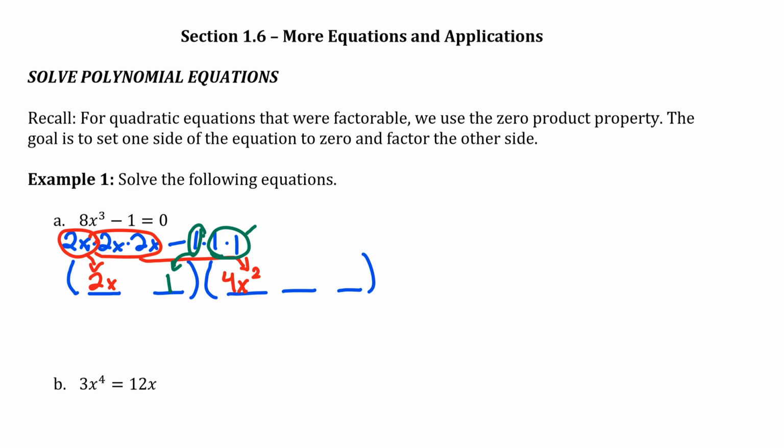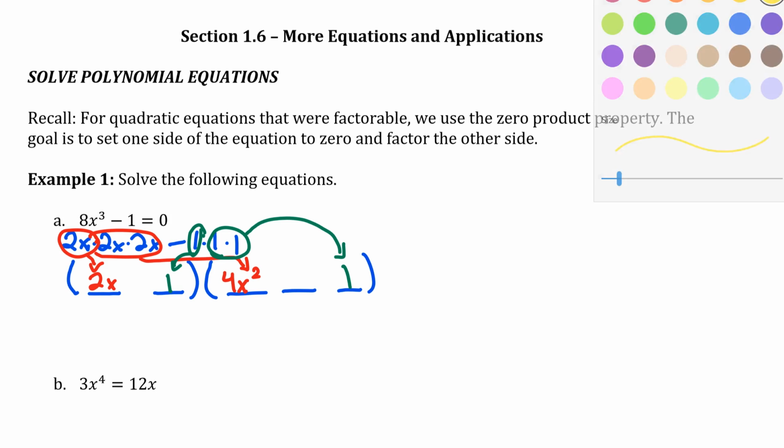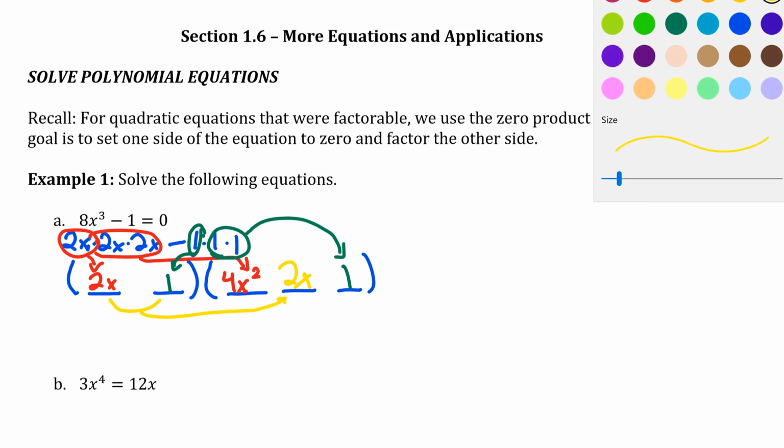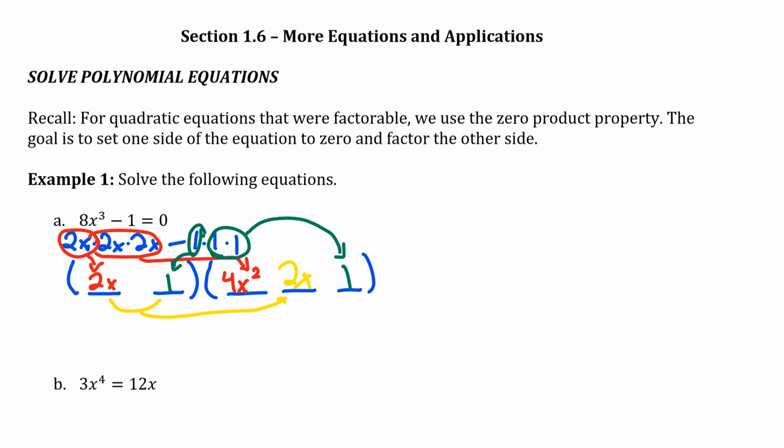These two get multiplied back together. 1 times 1 still gives me 1. The middle term right here is actually these two multiplied together. So 2x times a 1 gives me a 2x. Now my signs are always same as what I start with, opposite of what I start with, and always positive.